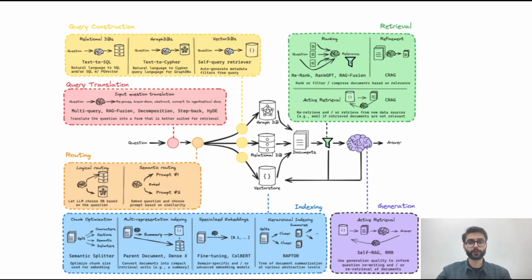There will be a lot of algorithms coming in the future, and a lot of algorithms have already come into the picture, right? But the flow will be the same, because initially you are going to ask the question, then in the routing it will select, okay, this is the database that is required to answer my particular question.